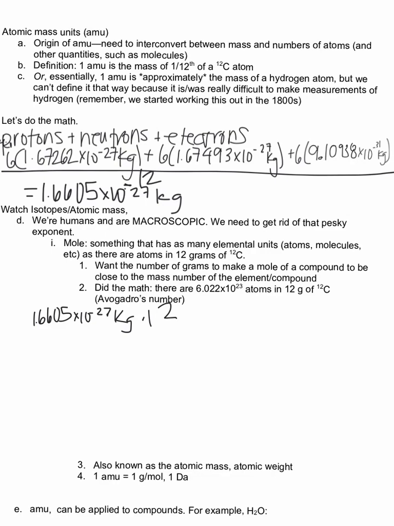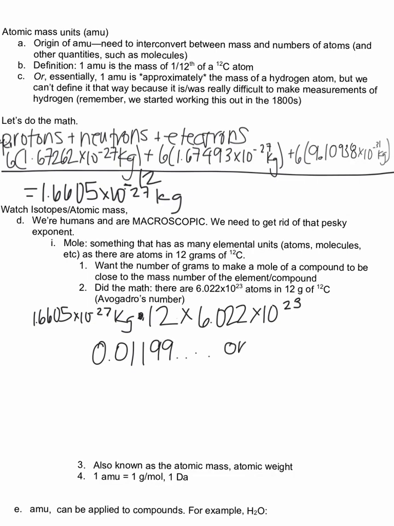We then have to convert from a single atom to the number of atoms in a mole, which we can achieve by multiplying by Avogadro's number. If we do the math, we get 0.01199, and the 9's trail off, or 0.012 kilograms, which converts to 12 grams.